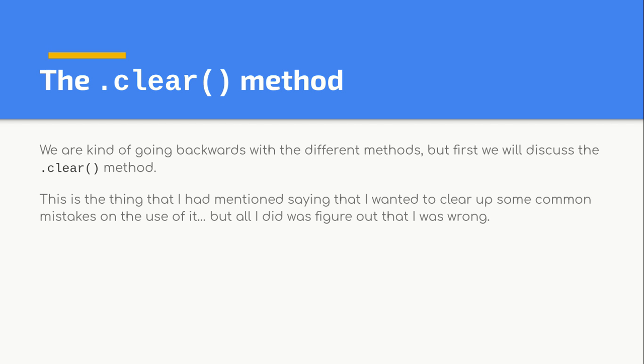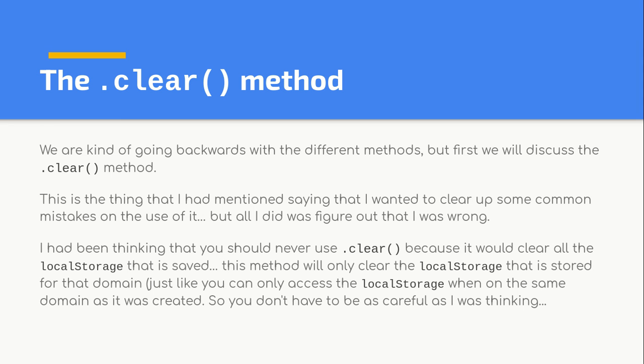And so this one is actually the reason why I had picked this topic, because I had thought that people were using it wrong, but in my studies I actually realized that I was wrong. I had been thinking that when you use clear, it clears everything in local storage, and this is partially true.